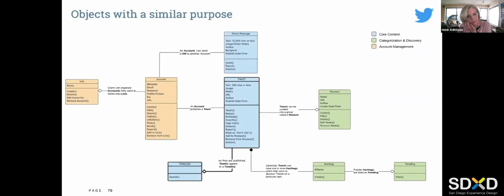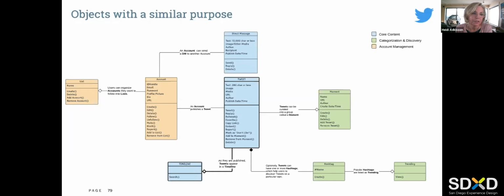So the other viewpoint you can take with the model is looking for objects that have a similar purpose. And this is where I use color coding. Here I'm using blue in the Twitter model to indicate what I'm calling core content, so the core experience. The green objects all relate to tweet categorization and discovery.